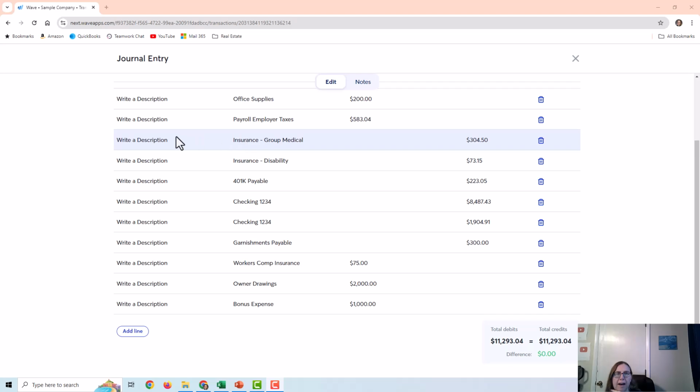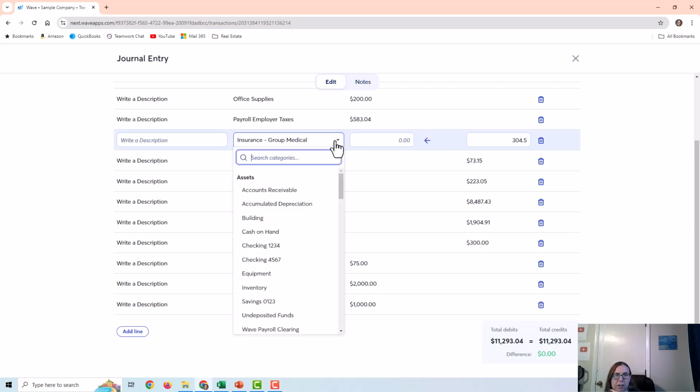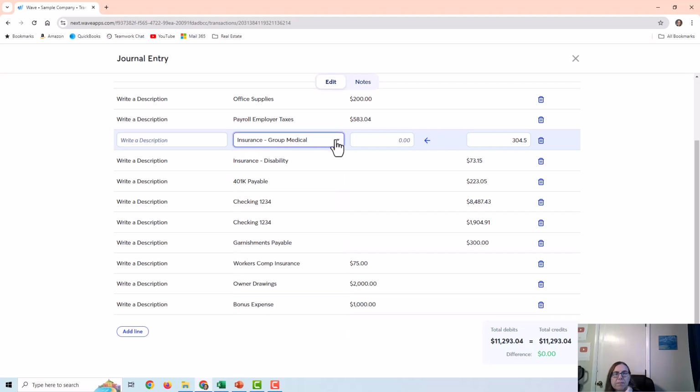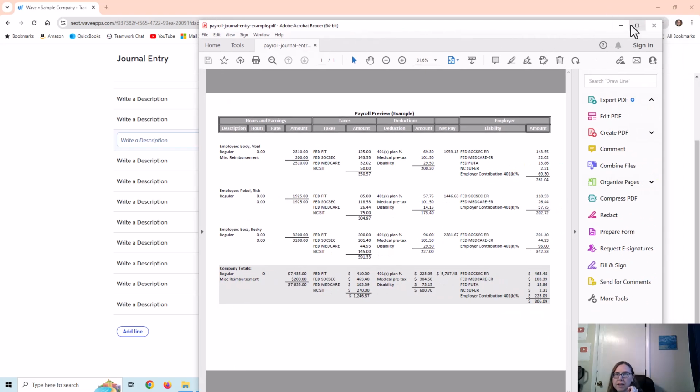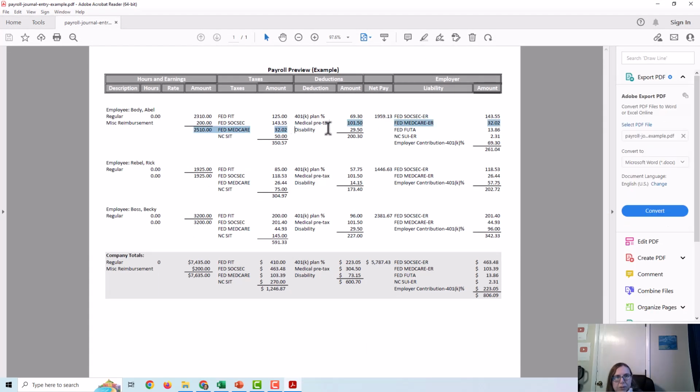So I already have a credit to insurance group medical, and this is an expense account. And this is from, let me pull back up my PDF of the actual entry. So where that came from is right here. You can see each employee had a deduction for medical insurance.